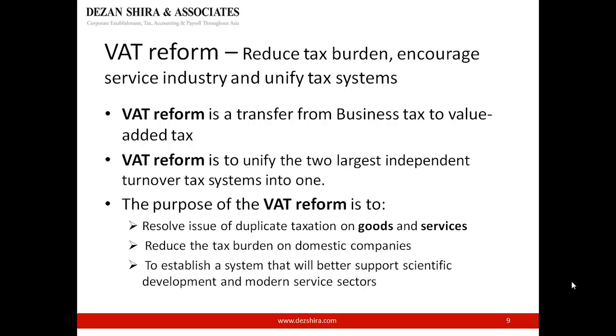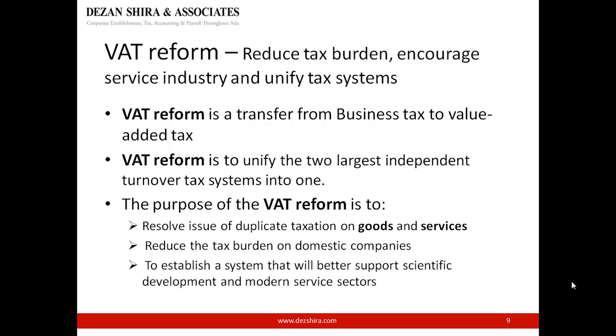Why do I say that? Because if you remember what I have said about the VAT and business tax, they are both payable in your business, but VAT is payable for selling goods, and business tax is payable for providing services.